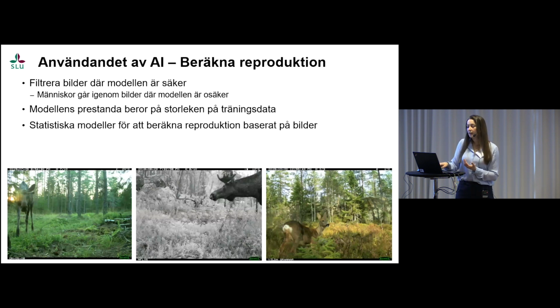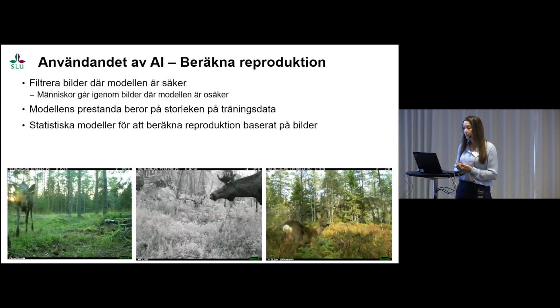And then the next step is to apply statistical models like occupancy models, as John was mentioning, where from these images with the different age classes and sex we can infer reproduction.